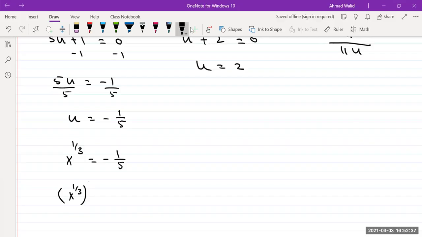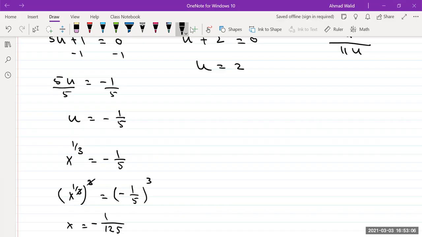Reciprocal of 1/3 is 3, right? Equals negative 1/5 to the power of 3. Here, 3 cancels out with 3. x equals negative 1 to the power of 3, and 5 to the power of 3 gives you 125. One answer.